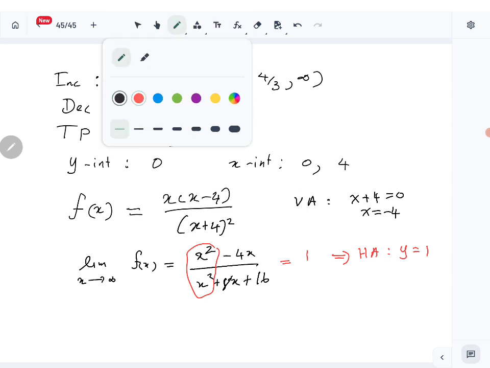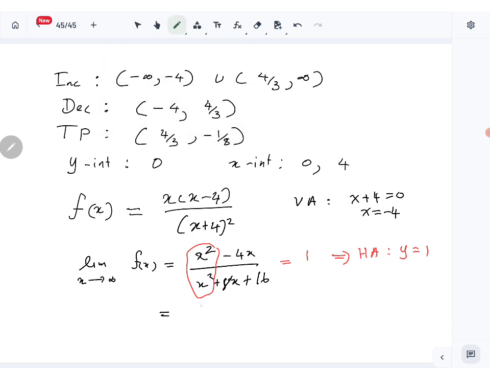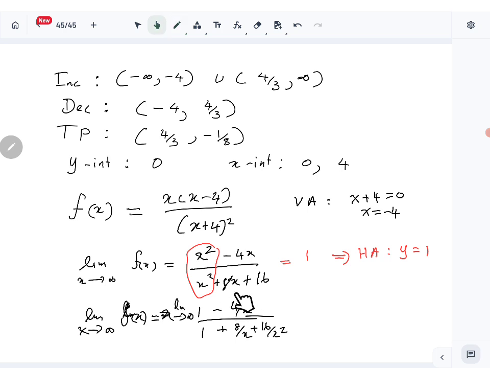You can show the limit also. It's not much work. Just divide everything by x squared. Then apply the limit to each term. So all of these terms become 0.